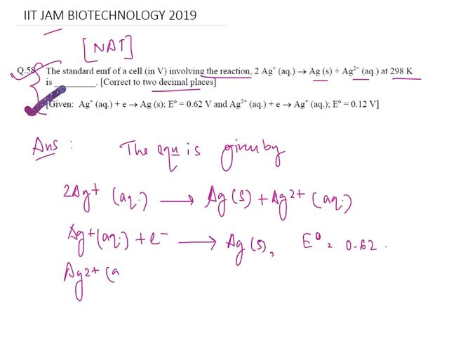Ag2+(aq) plus electron results in Ag+(aq), and here the EMF is 0.12 V.